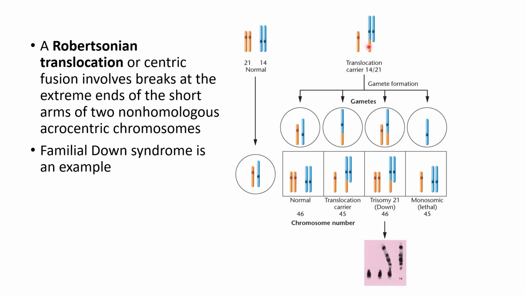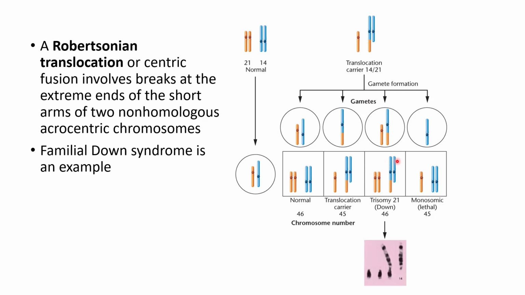So this happens sometimes. This is generally the type of Down syndrome that we call familial Down syndrome, where you can do a pedigree chart and you see when Down syndrome runs in a family. It's because this may have happened to an individual, and then you can see that they now have a copy of their 14th chromosome that has a section of the 21st chromosome that can lead to that Down syndrome offspring.